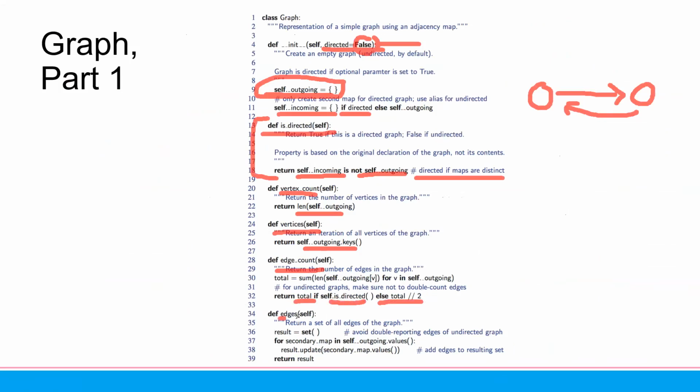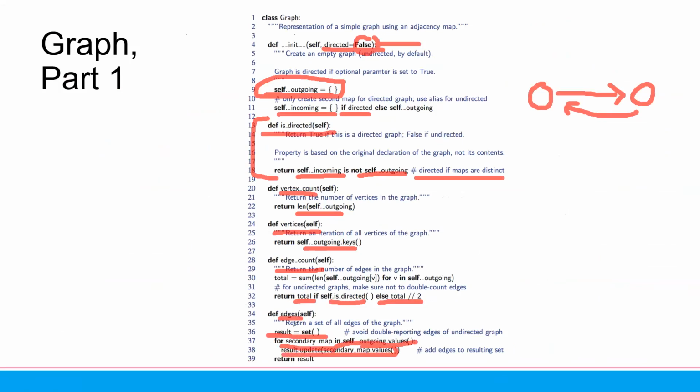And then if I want to know the edges, I can have a result. So the result can be a set. And then for the result, we can check from the secondary map for the outgoing, and then I would like to update based on the secondary map value.